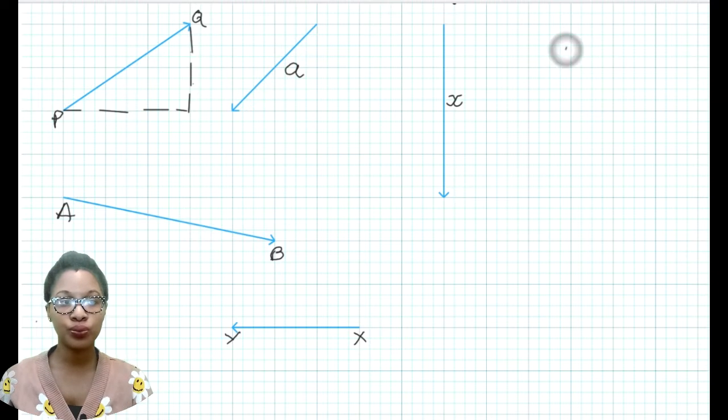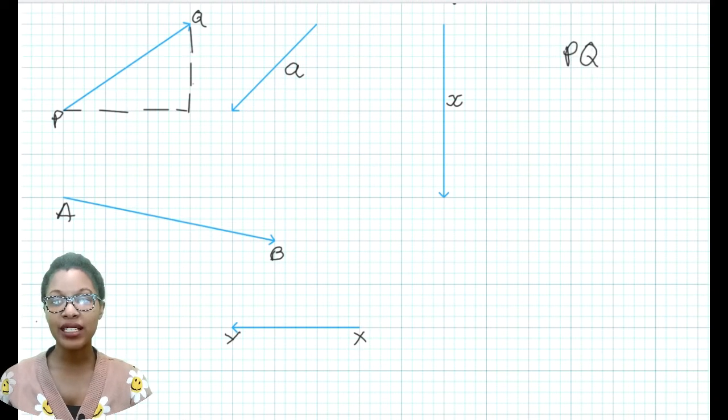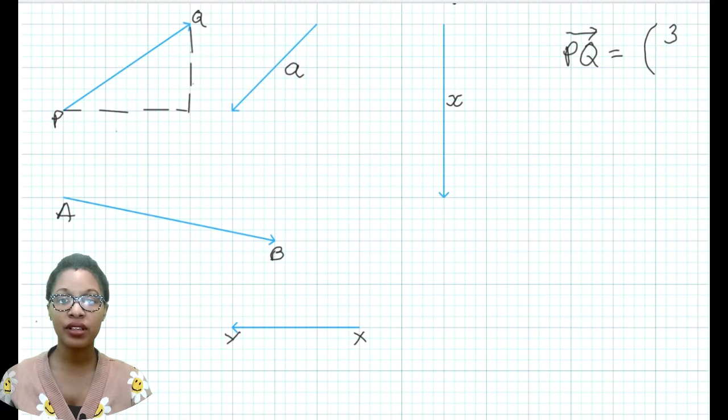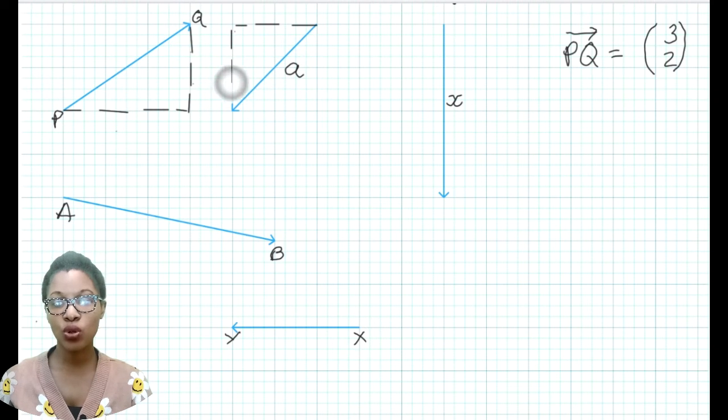So PQ, we start at P, going 3 big blocks to the right, then 2 big blocks upwards. So PQ is (3, 2). When drawing A, we go 2 big blocks to the left and 2 big blocks downwards.